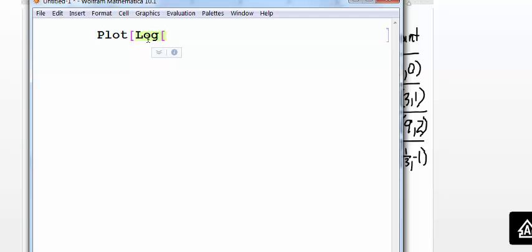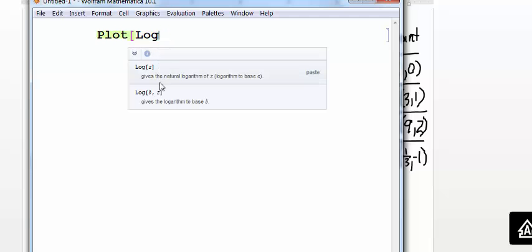And if I click on this double arrow that appears, it tells me that if I want to type the logarithm to base e, I just use Log and put the input in, and that's all that's needed. Mathematica will understand the base is e.